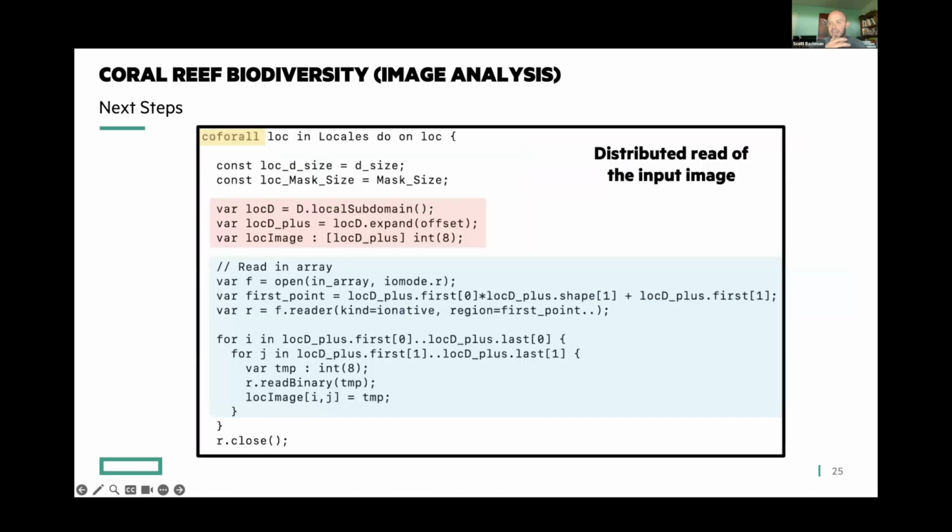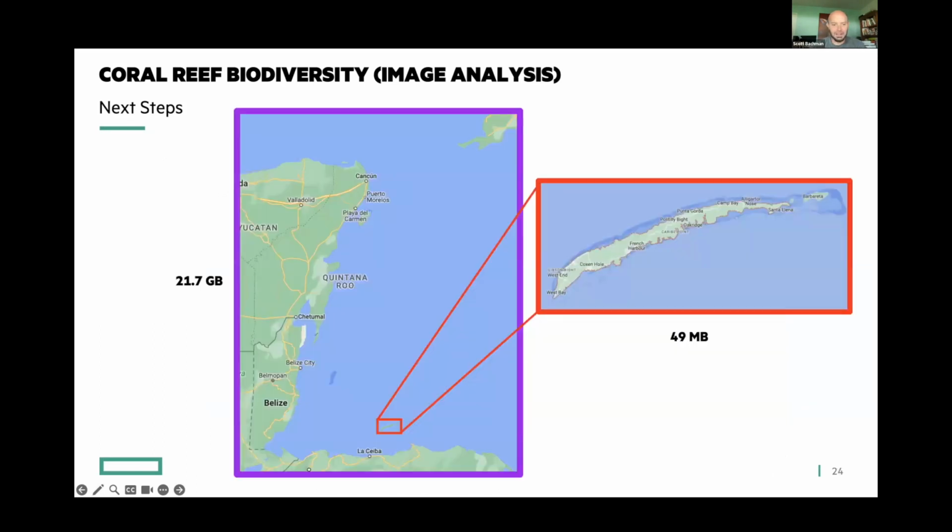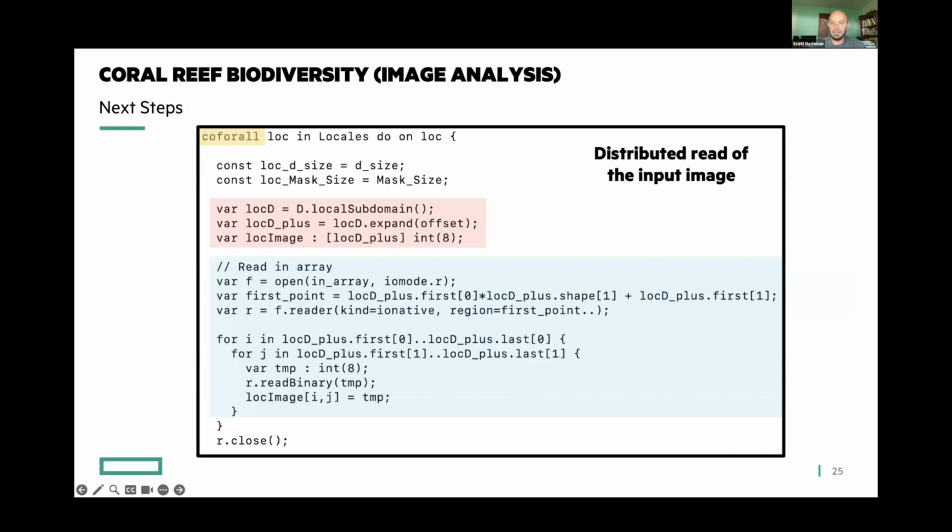But the challenge is that now, I'll just flip back to this slide, the image is about 20 gigabytes. It's literally impossible to load up on your desktop. So it's actually a memory management problem now. And so I had to add in some more tricks. Rather than loading the entire image on one locale and then broadcasting it to all the others, now I have to do a distributed read where each locale only reads its own chunk.